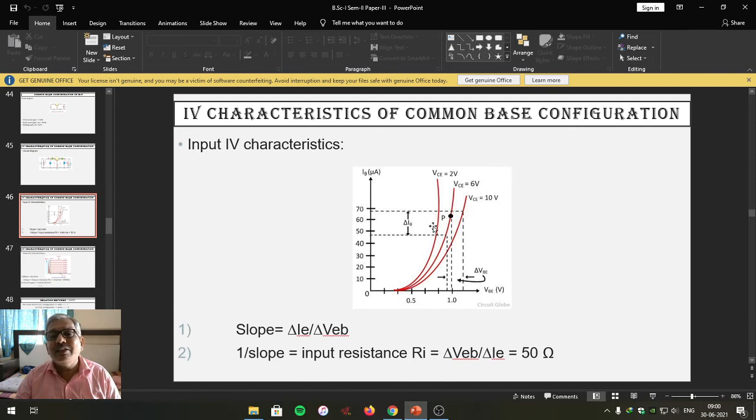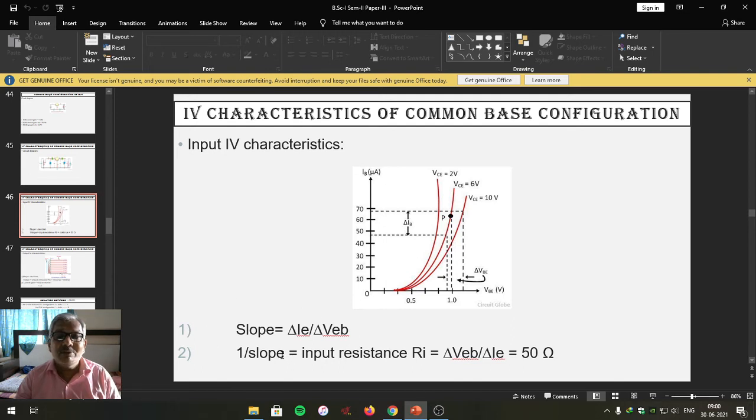Friends, consider any of the curve and draw a tangent, find its slope. Slope is going to give the ratio of delta I versus delta VEB.